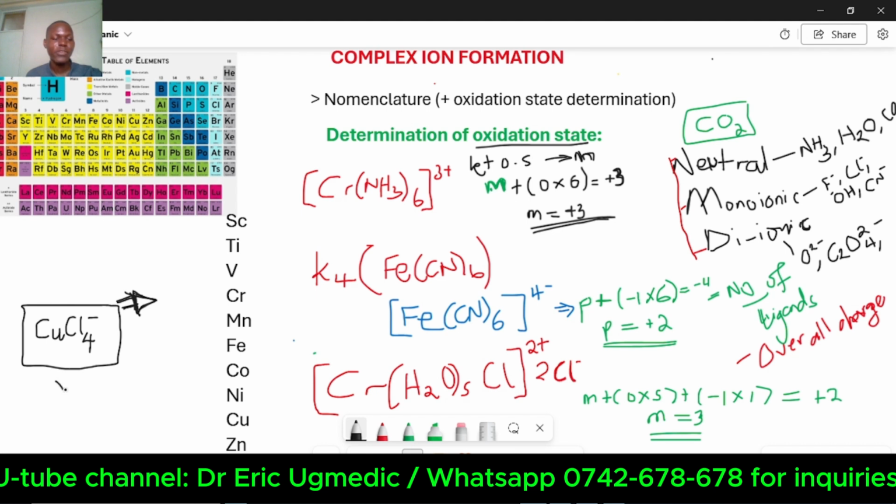And here you'll find that the oxidation state of copper, you can let it be X. So X plus, how many chloride ions? There are 4. So 4 multiplied by the oxidation state, which is -1, and that will be equal to the overall charge, which is -1.